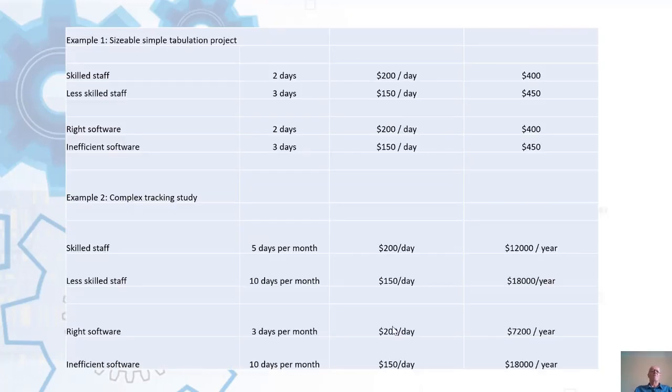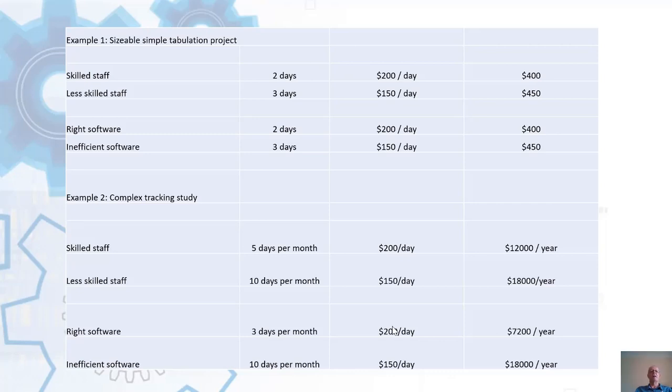If we do, and I've made up some figures in this spreadsheet here, but I've said that example one, you could think that using skilled or less skilled staff and the right or inefficient software would make a difference, and sometimes it will and sometimes it won't.